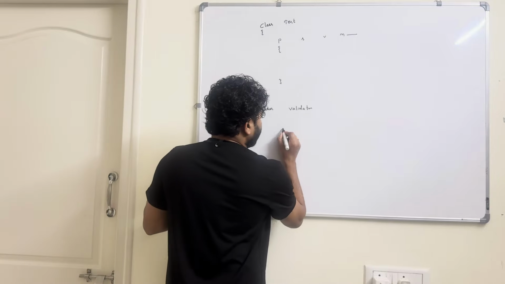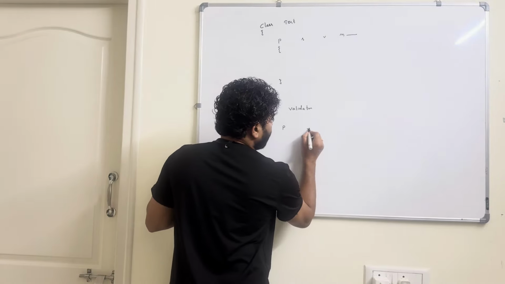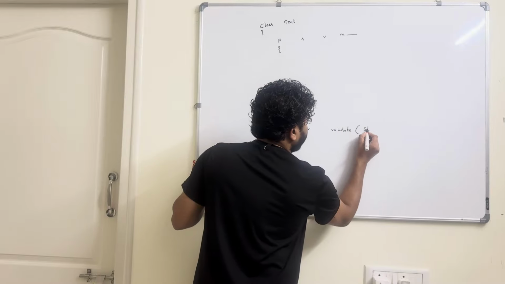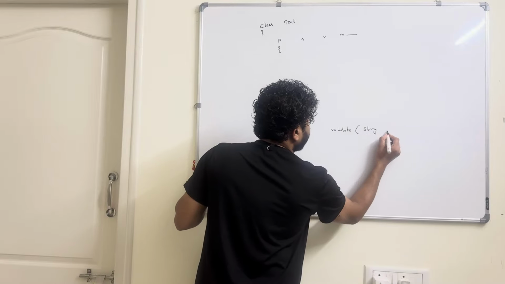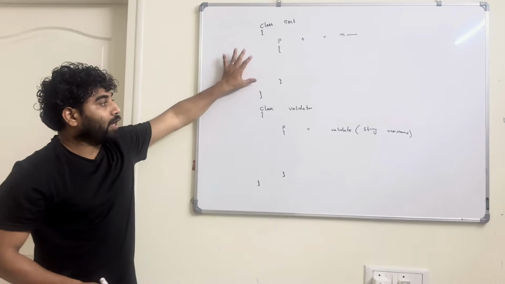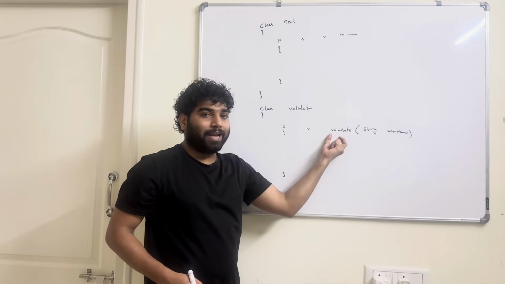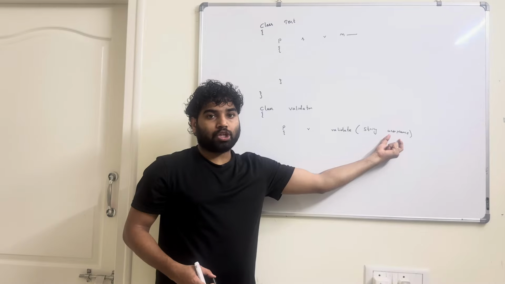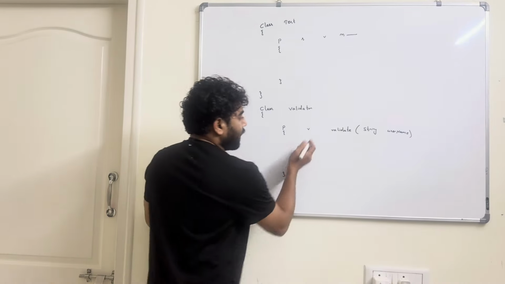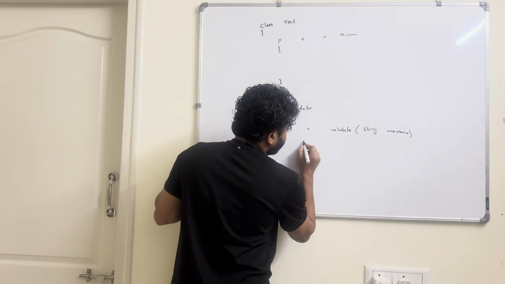I'm defining one class called Validator, which will validate the user. I'm defining a public void method, validate, and passing an input parameter, String username. I want to validate whether this username is a valid user or not, so let's write some simple business logic.